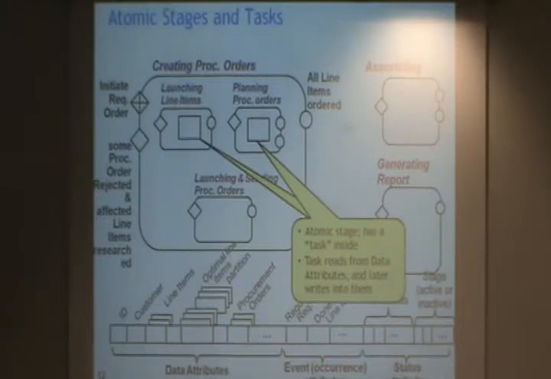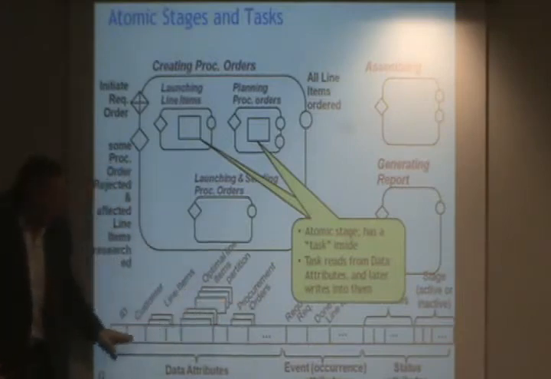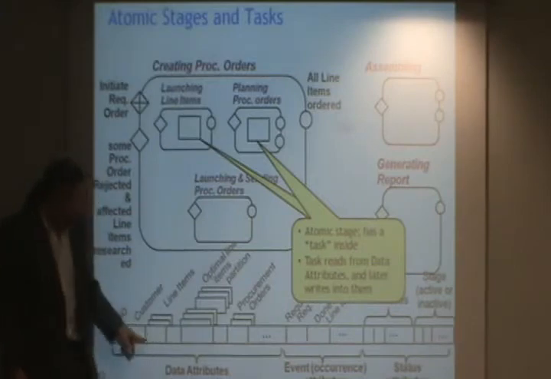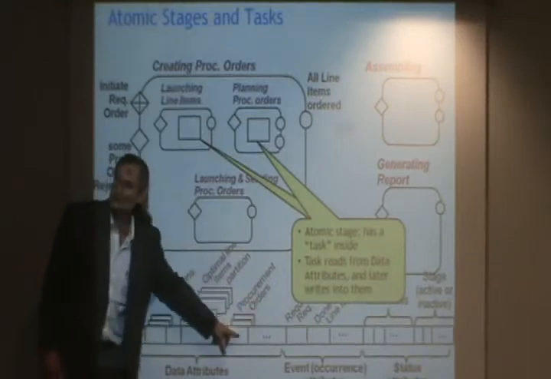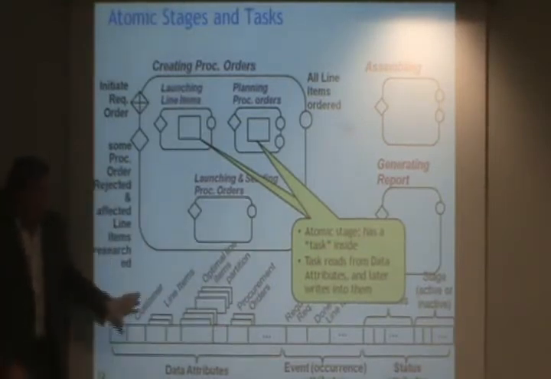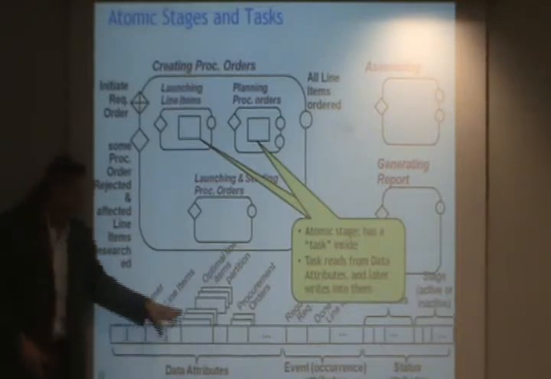Well, there's a lot of scoping structure that's built in here. First off, all of this is really only talking about this one requisition order instance. Now, further, as it turns out, this requisition instance might be associated with several line item instances and several procurement order instances. And typically, the only conditions I can test are things that I can reach through what's here.